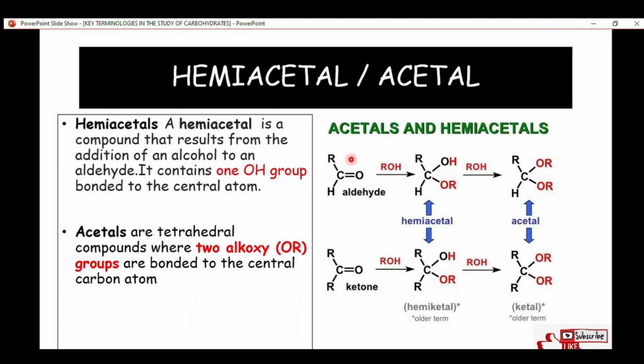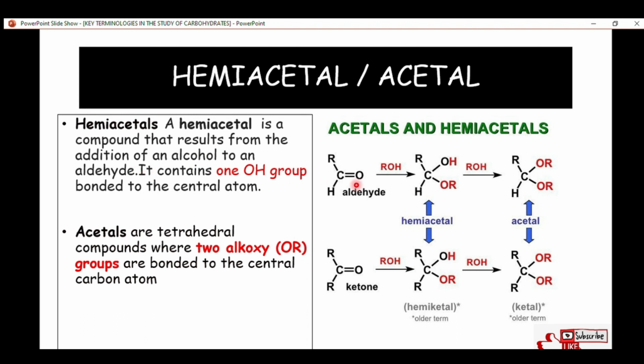All right. Another word that we have to know before we can study carbohydrates without any difficulties is ketal, acetal, and hemiacetal, and we also have ketal and hemiketal links. A hemiacetal is a compound that results from an addition of an alcohol to an aldehyde.